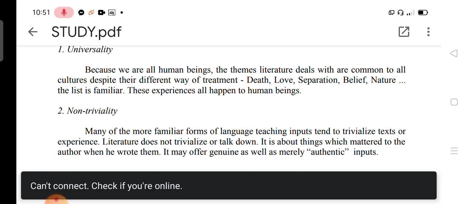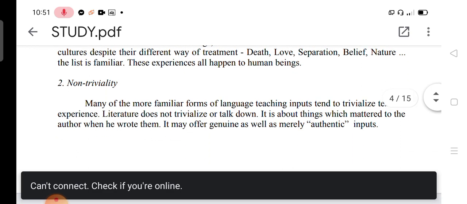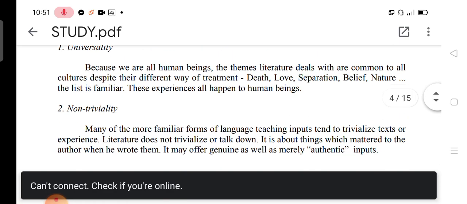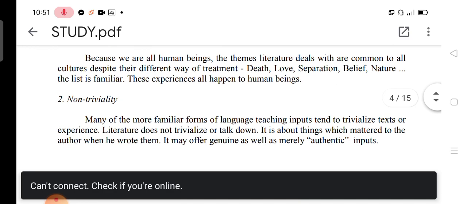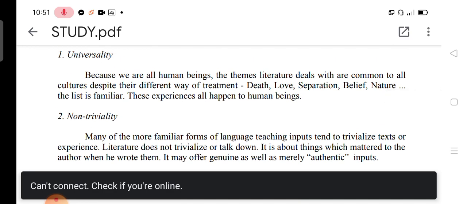And then love also. We're not limited to just the romantic love that you're talking about, but into different types of love. And then separation, not the separation only with your exes, but the separation with your old friend, the separation from a certain toy that we have, a separation from a certain practice that we used to have. So we tackle them in a different way, but we have commonality when it comes to these themes.